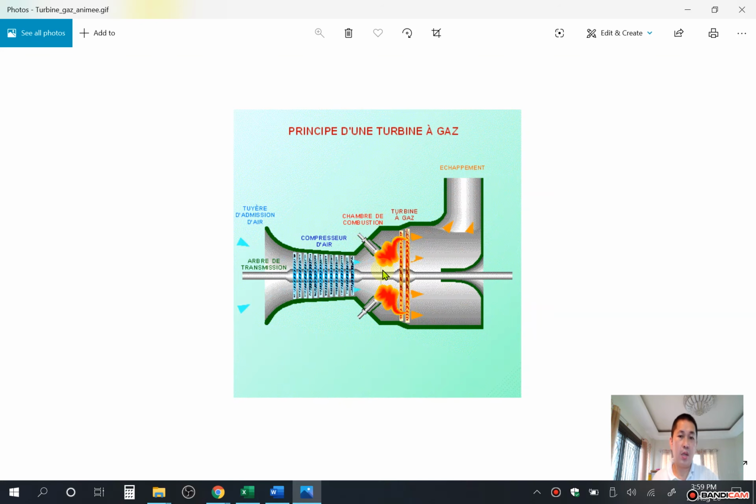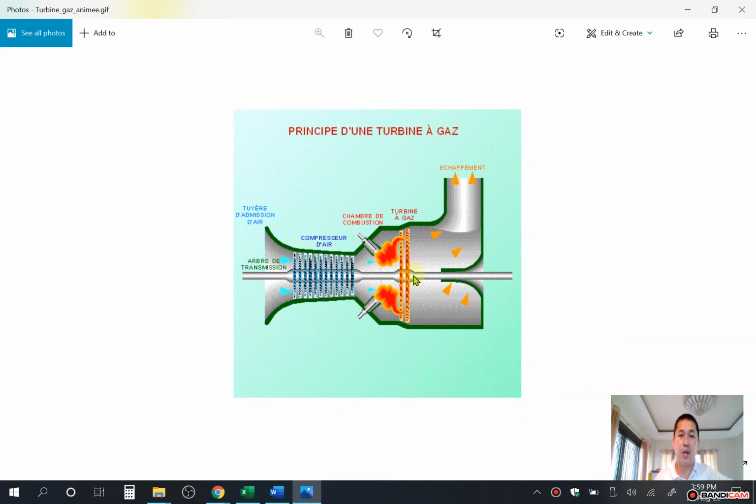So after the combustion happens, it will pass to the blades, the turbine blades, to rotate the turbine blade. This turbine blade is connected to the shaft, and this shaft is also connected to the compressor blade.